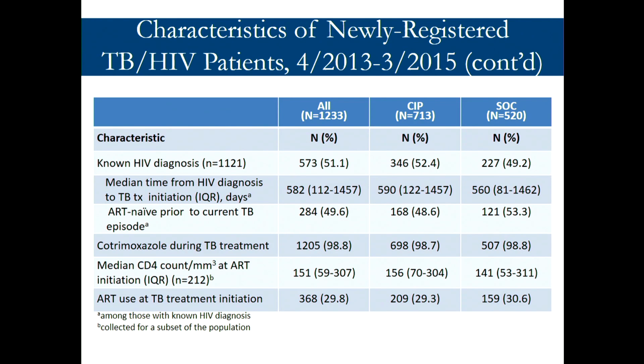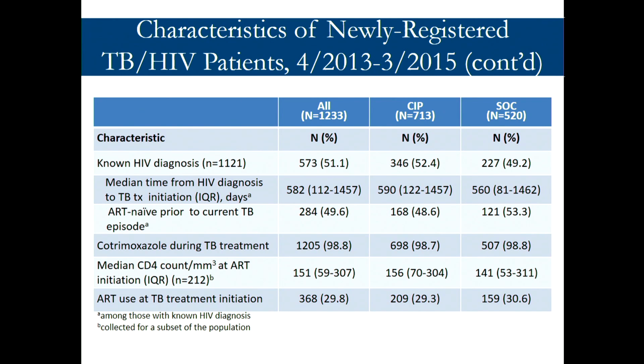Of 1,121 patients with available data, just over half had a known HIV diagnosis at the time of TB treatment initiation. And amongst these individuals, the median time from HIV diagnosis to TB treatment initiation was 582 days. Amongst those with a known HIV diagnosis, 50% were ART naive prior to the current TB episode.